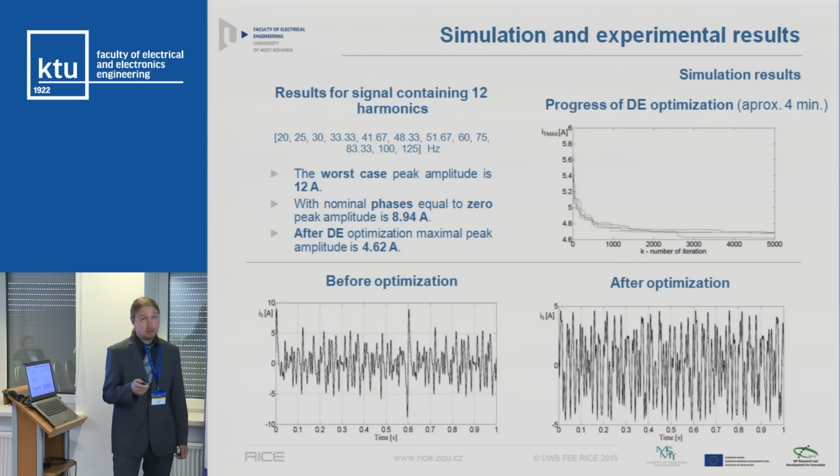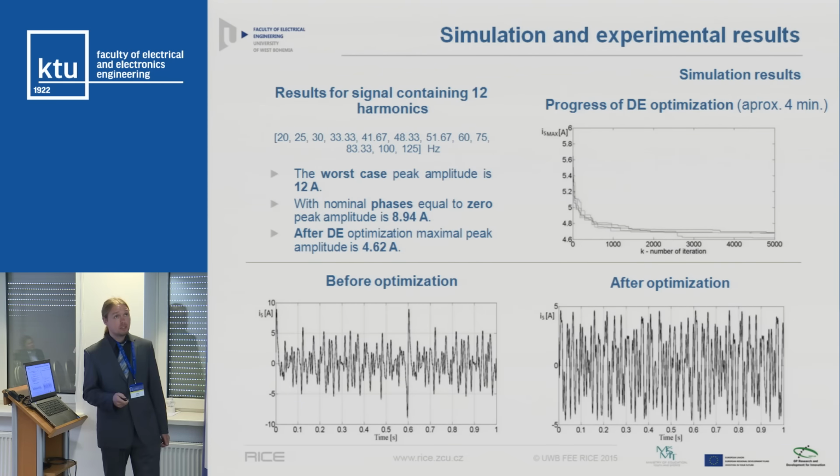This is how our simulation results look like. In this case, our signal contains 12 harmonics. These are the frequencies of our harmonics. Of course, the worst case, when all harmonics have amplitude 1, was 12 amperes.